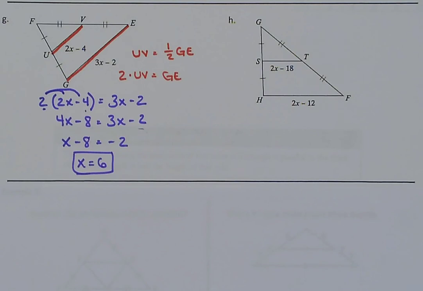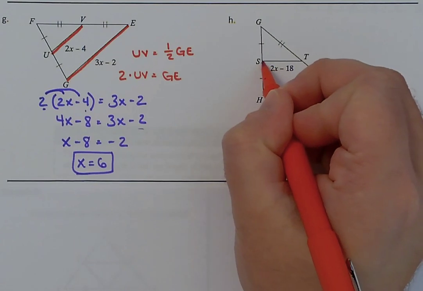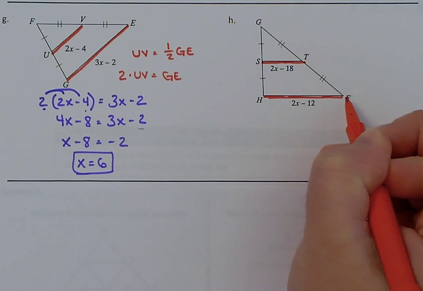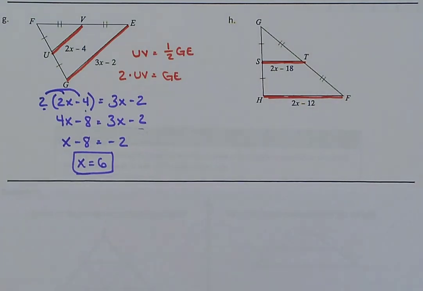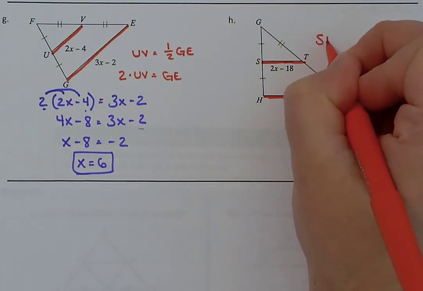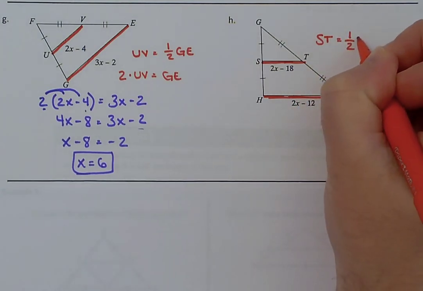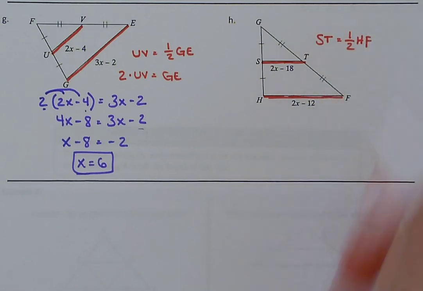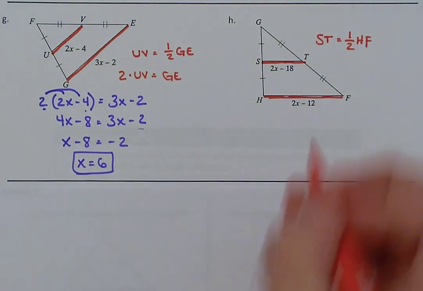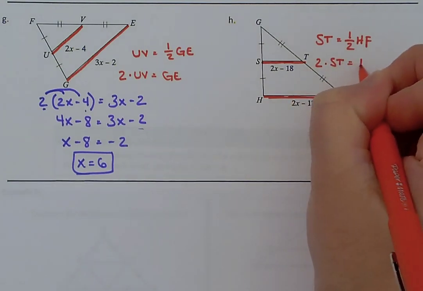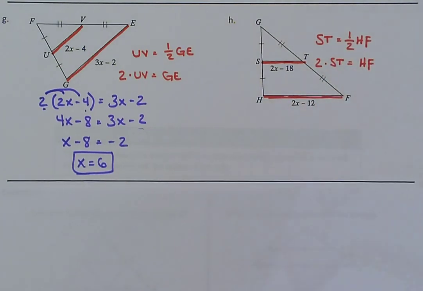All right, for H, we're just going to run through the same idea. So I know ST is parallel to HF. And if I know that, then I know that ST is equal to 1/2 the length of HF. Or the other way I can think of it is 2 times the length of ST is equal to HF.